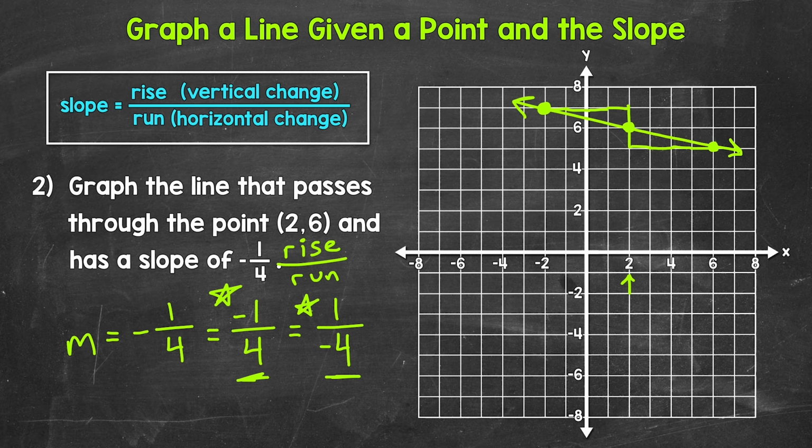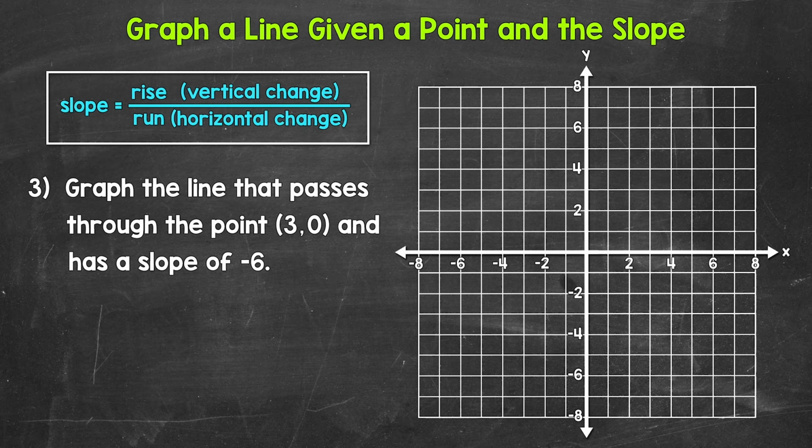We have a negative slope here. Now, one more thing I want to do here is show the line without the marks from the rise and the run, just so we can see what that looks like. So here's our cleaned up graph of the line. Now keep in mind, we only need 2 points to graph a line, but we included 3 here. Let's move on to number 3.